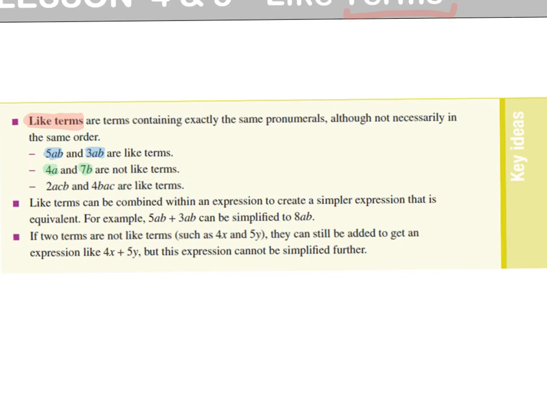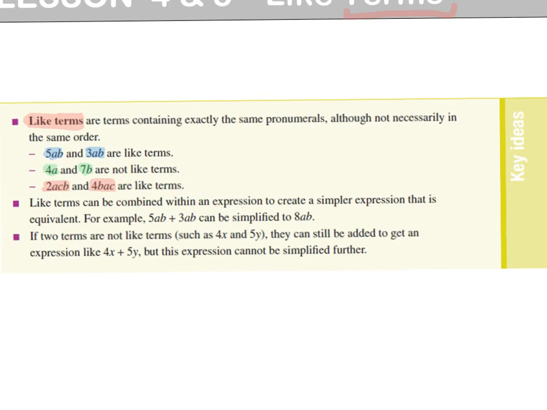The next one you've got here, you've got 2ACB and 4BAC. And they are like terms because they've both got the letters A, B and C, although the order is different. That's one of the reasons why we try to put our pronumerals in alphabetical order so that we can easily identify like terms.